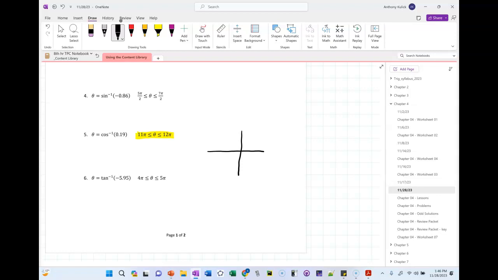Since these are positive angles, 11 and 12, I'm going to be going counterclockwise, and each quadrant is a half.